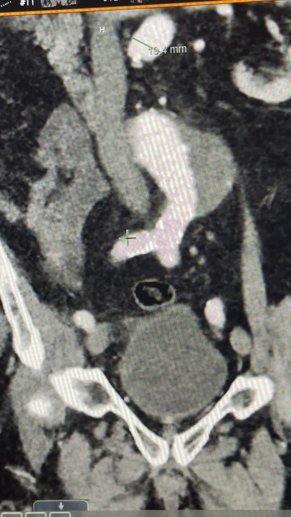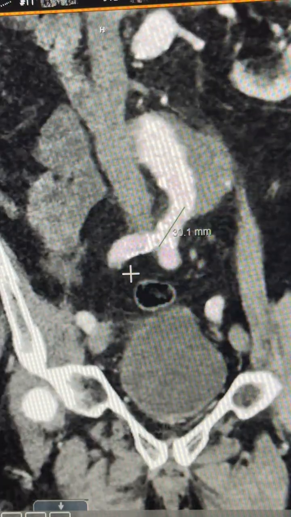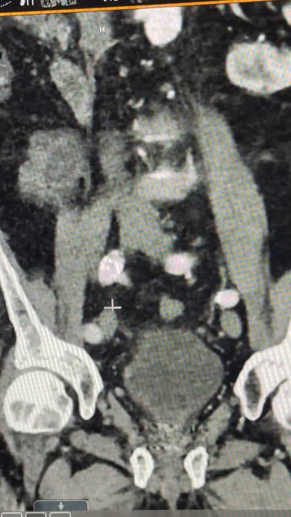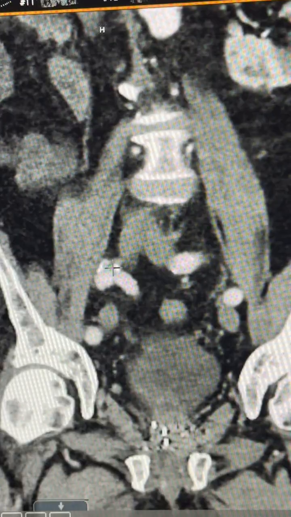And then just rough guesstimates, we're looking at about a 12 to 13 millimeter common iliac on the right, and the bifurcation is all the way down here.